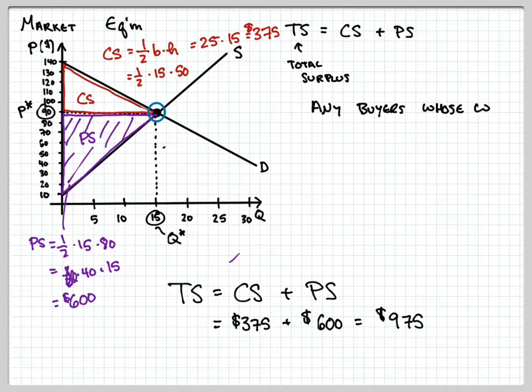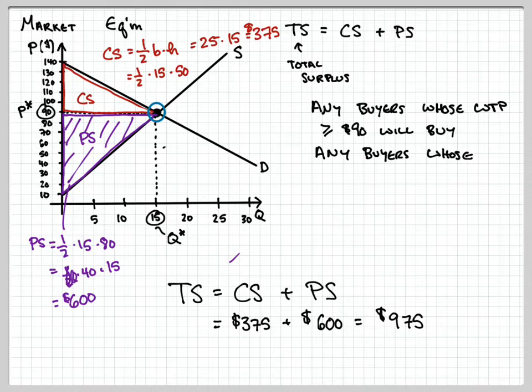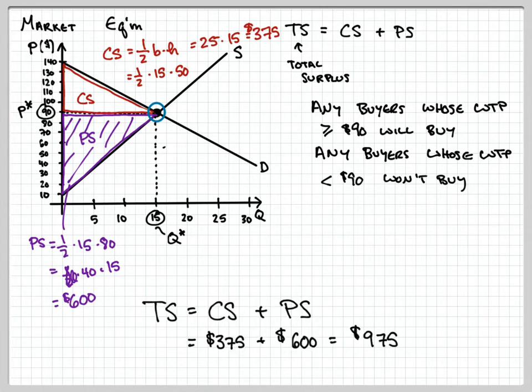Any buyers whose willingness to pay is less than $90 won't buy. And so, in this case, the buyers who value the goods the most are going to be the ones who buy the good. And that's a nice feature of the market equilibrium.